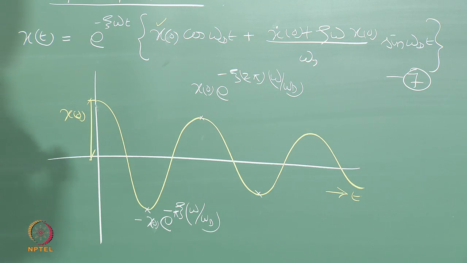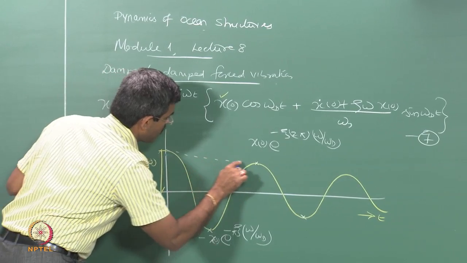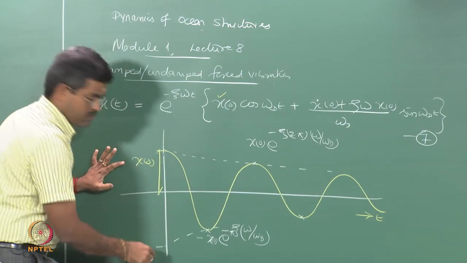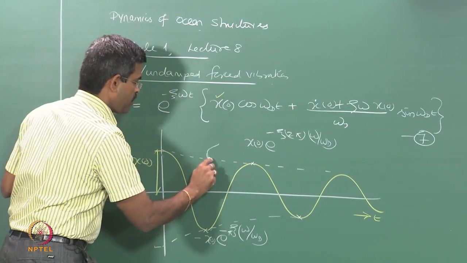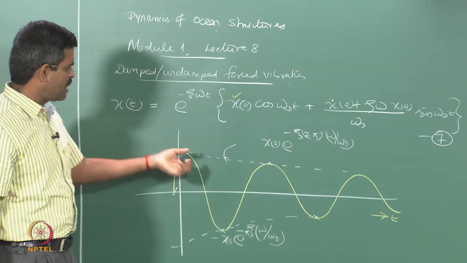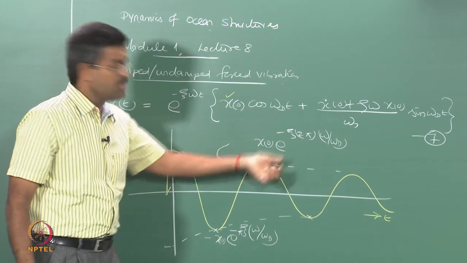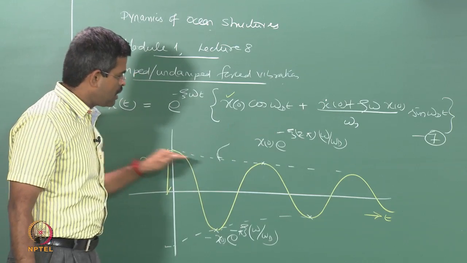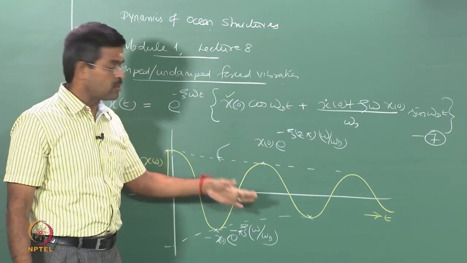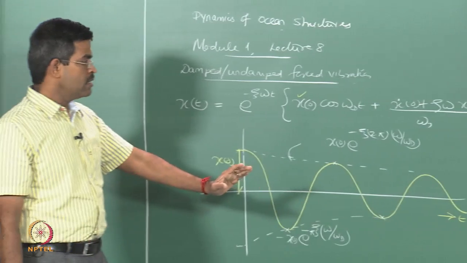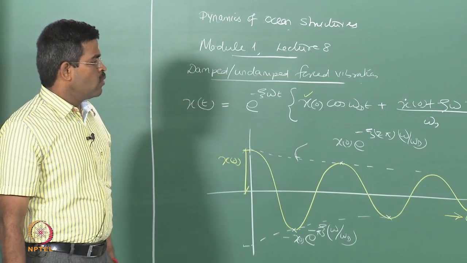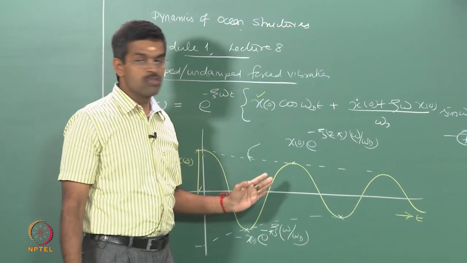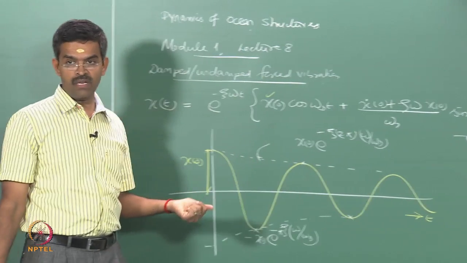We can also say the decay is exponential by connecting the top or the bottom, because I can also give a minus x naught. We can say it is a decay because it is negative, and it is exponential because of e power. We all know in mathematics exponential decay is much faster than linear decay. We will show that Coulomb damping compared to viscous damping is much more inferior, because the decay is going to be linear, whereas it is non-linear here and faster.